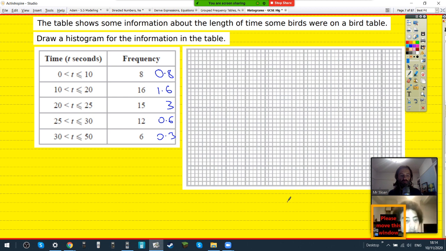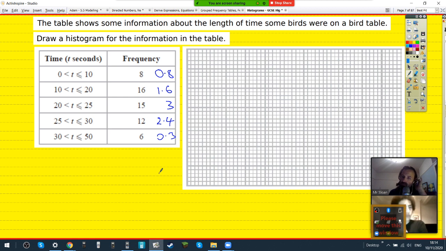Oh, I made a mistake on the 12. It's not 0.6. It's 2.4. All right.